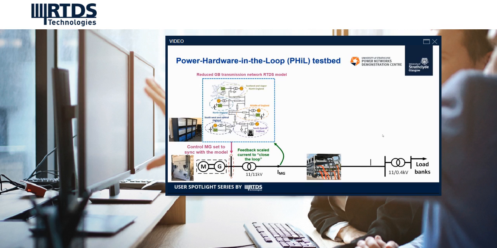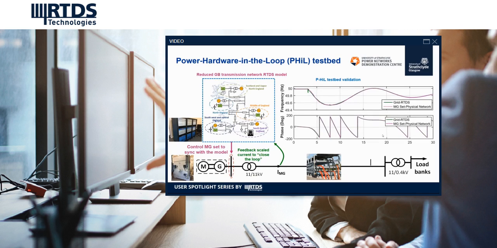And because we have limited load bank capacity in the system, about 500 kVA, when we feed back the current signal, we can also apply a scaling factor so that it can be scaled up to a desirable size we want. Here is a high level result of the synchronization between the physical network and the model.